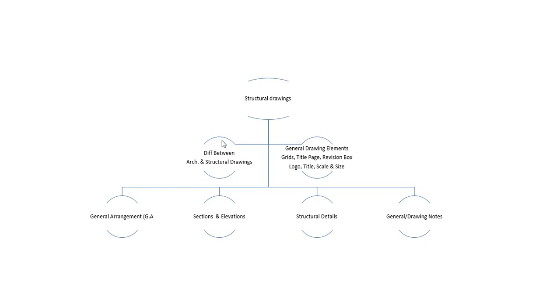Now remember one thing, structural drawings are not to be confused with architectural drawings. These separate drawing sets provide very different pieces of information. So you just need to understand the difference between architectural and structural drawings, right?